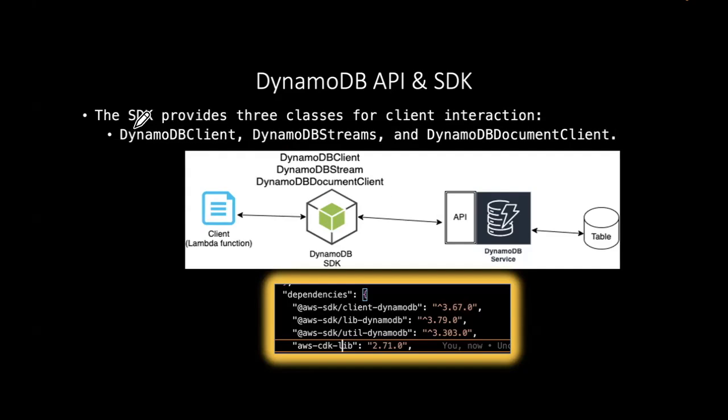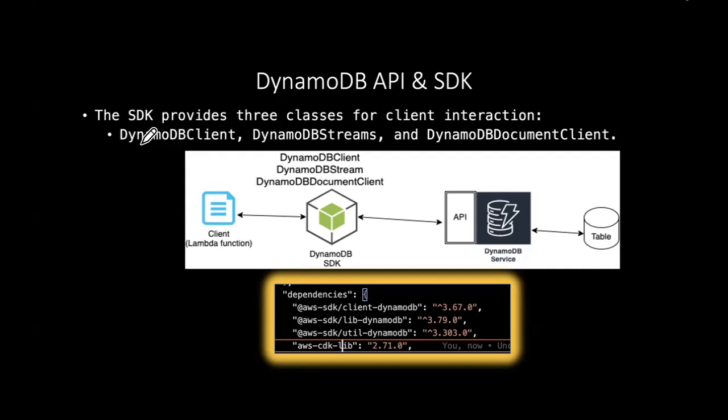Specifically, there's a class called DynamoDB client, DynamoDB stream, and DynamoDB document client. Stream is kind of the lowest level one. This is the one that you would use if you were processing DynamoDB streams, which we'll talk about at the end of this module.